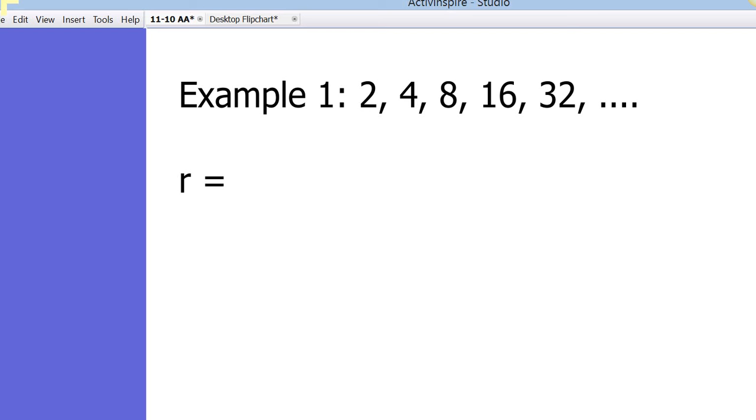Okay, so go ahead, if you want to differentiate a little bit here, write down what the pattern is. Times 2. If the pattern is times 2, r is 2. Yeah, you should remember this from 9th grade. Alright, so next example.